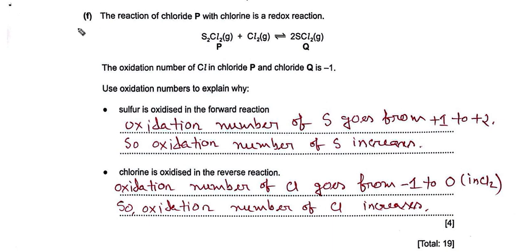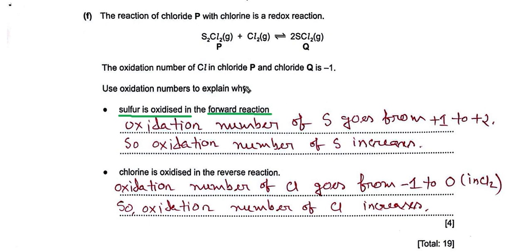Now, the reaction between P and chlorine is a redox reaction. The oxidation number of chlorine in P and chloride in Q is -1. Use the oxidation numbers to explain: sulfur is oxidized in the forward reaction.